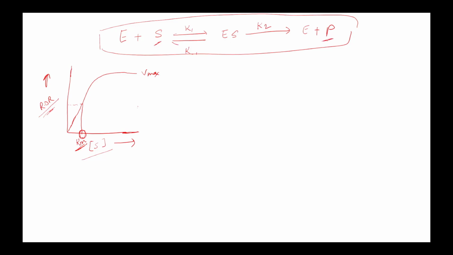If we talk about the rate in a time limit, the disappearance of the substrate in a particular time is the rate of reaction, or we can also say the appearance of product.